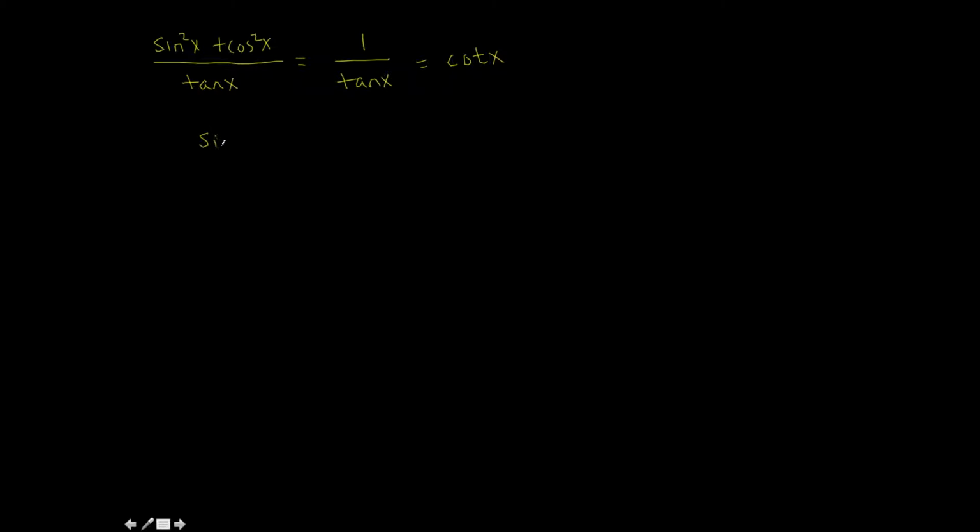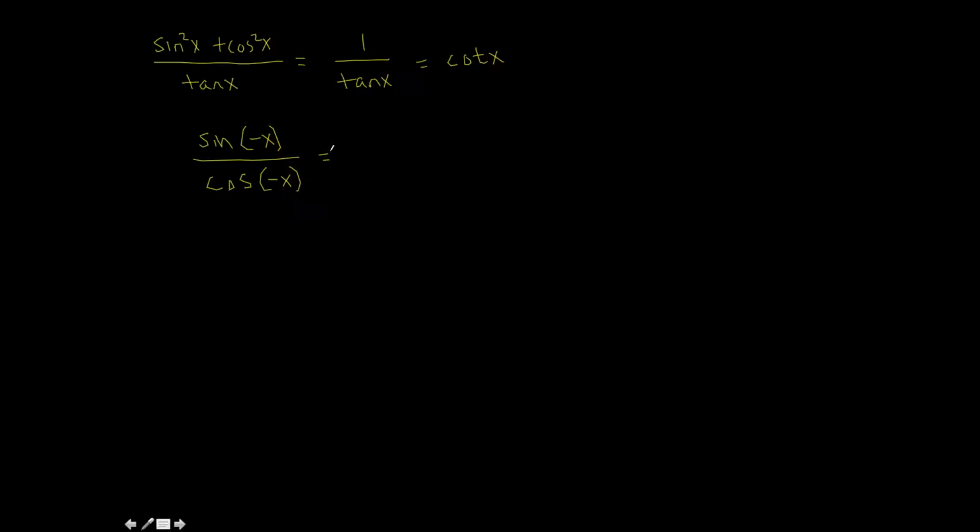What about this one? The sine of negative x over the cosine of negative x. Think back to your fundamental identities. What is sine over cosine? You've got to memorize this.